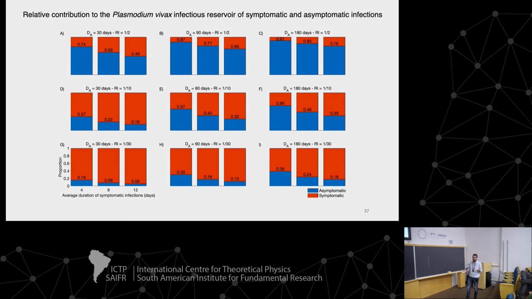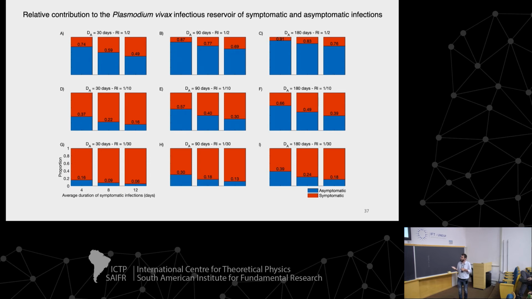We don't know where we are, but we can see that if we are here, asymptomatic infection is the major contribution to the whole transmission. If you are here, the infected ones that are symptomatic are the main contributors to the whole transmission.